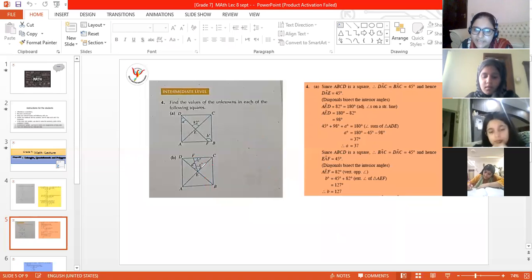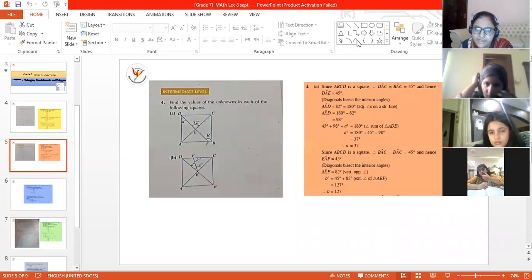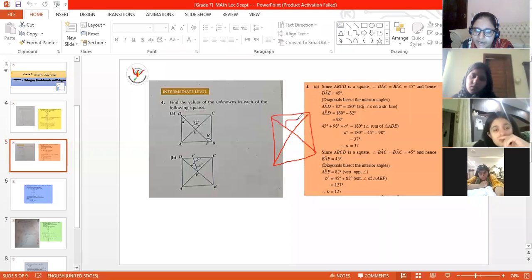Now, the value of C degrees is 67.5. But if this is 67.5, we have a concept that when the diagonals intersect, the angle will be 90 degrees.